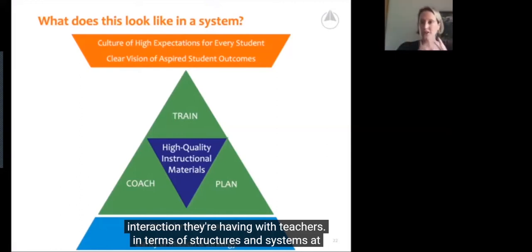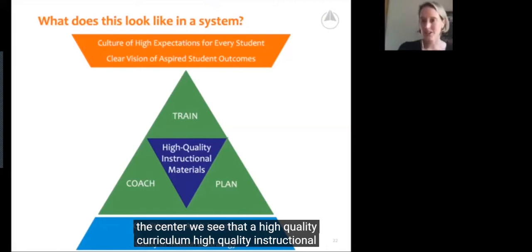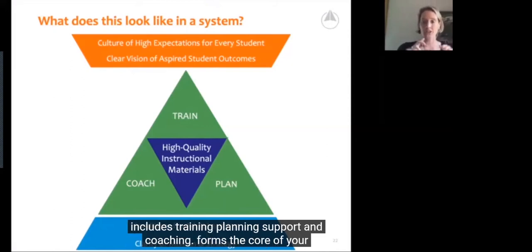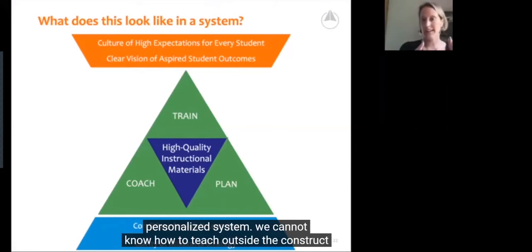In terms of structures and systems, at the center, we see that a high quality curriculum, high quality instructional materials, wrapped in support for teachers to use those materials, which includes training, planning support, and coaching, forms the core of your personalized system.